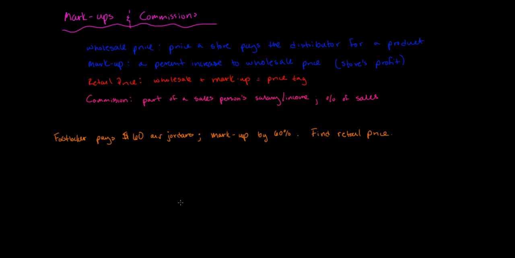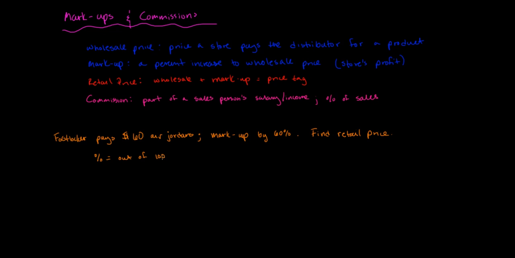So what we need to do is figure out how much more we have to pay than the original $60. So Foot Locker pays the original $60 and then marks it up by 60%. What is 60% of $60? Now, again, I've said this before. Remember that percent is equal to out of 100.